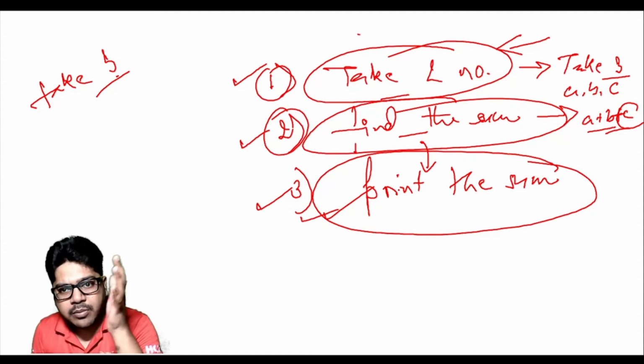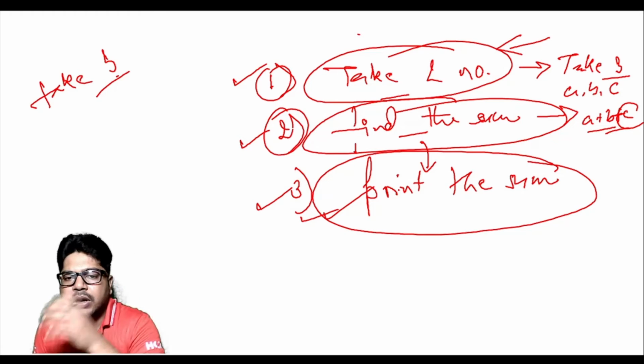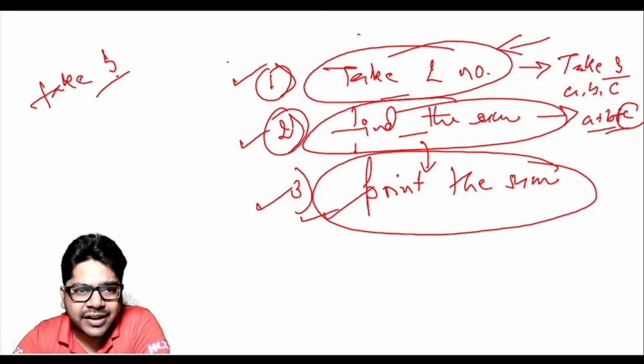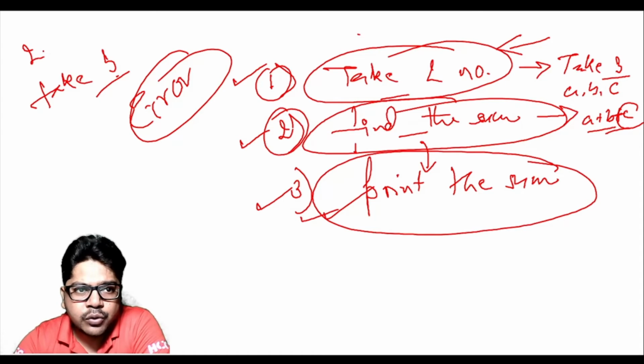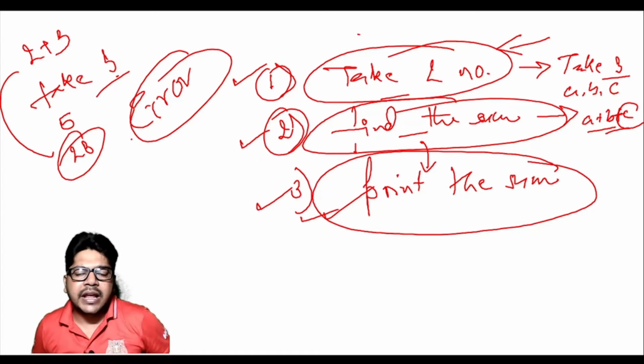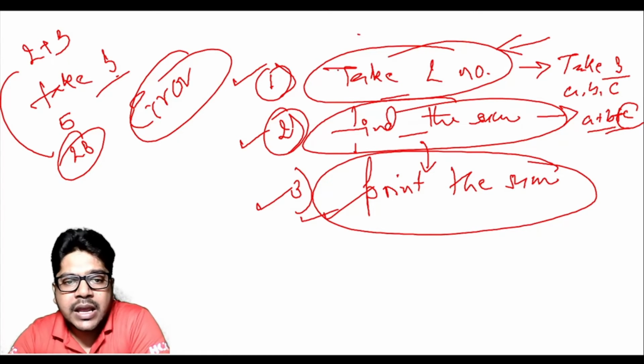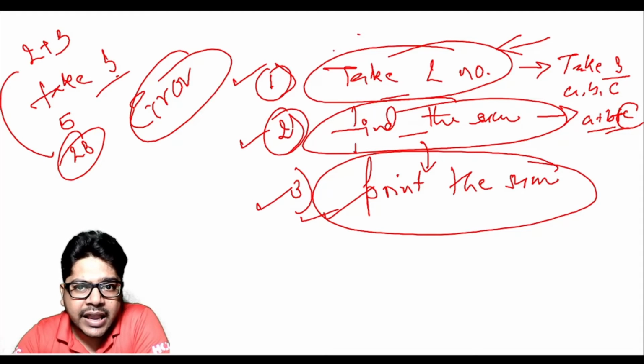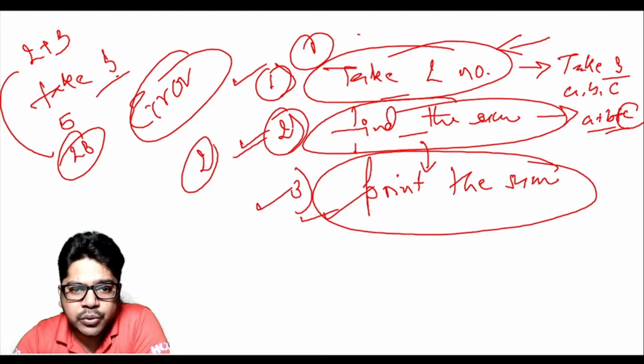Now there is one more thing which I want to tell you right now. Let's suppose we are getting an error. I gave 2 plus 3, but instead of getting 5, I am getting 23. Now tell me, which step can the error be in? Chances are pretty high that the error will be either in step number 1 or in step number 2.